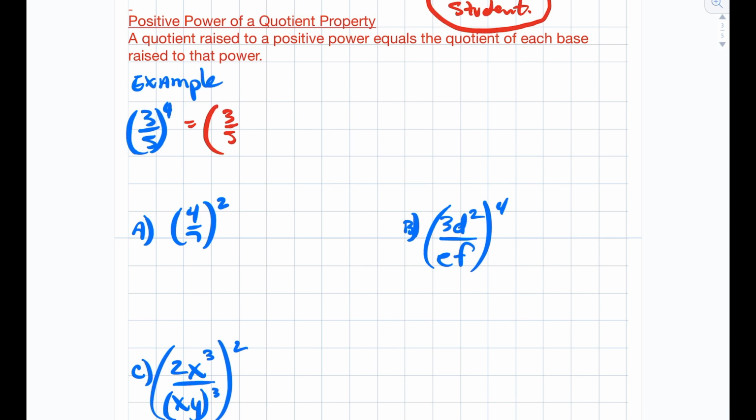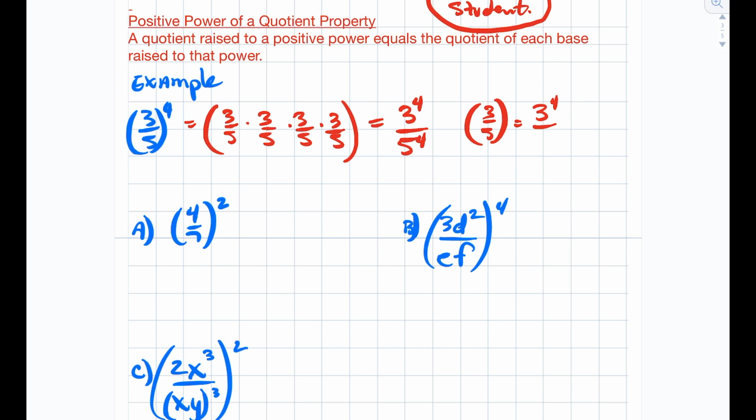That would be 3/5 times 3/5 times 3/5 times 3/5. All right? And on the top, if you multiply straight across, you get 3 to the 4th power divided by 5 to the 4th power. A much easier way to do this is to just raise each one of these to the exponent that you see on the outside here.